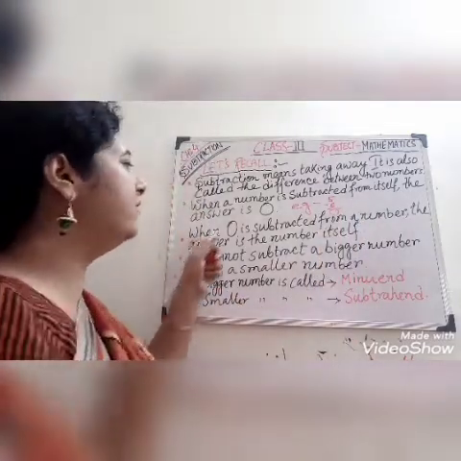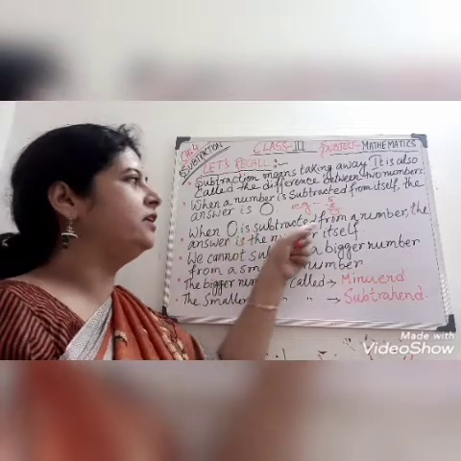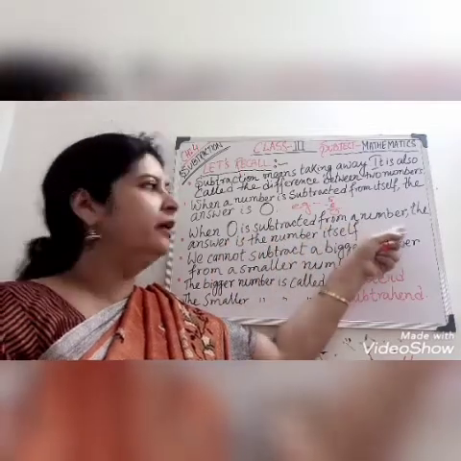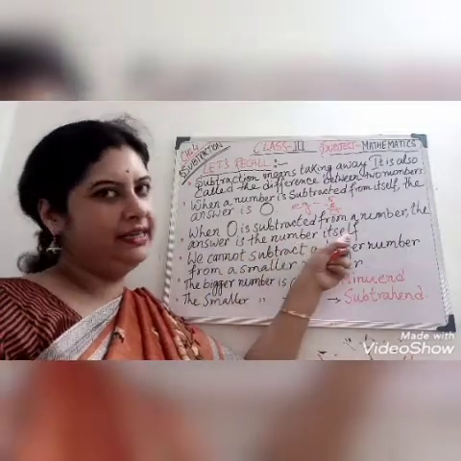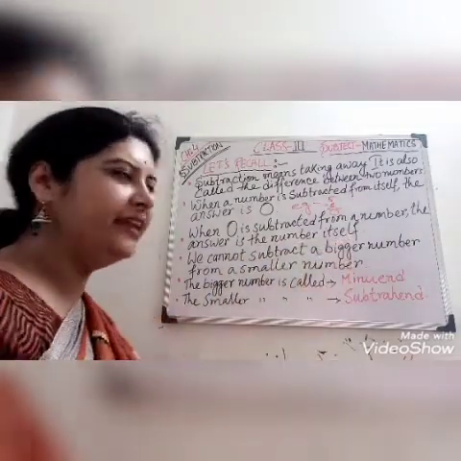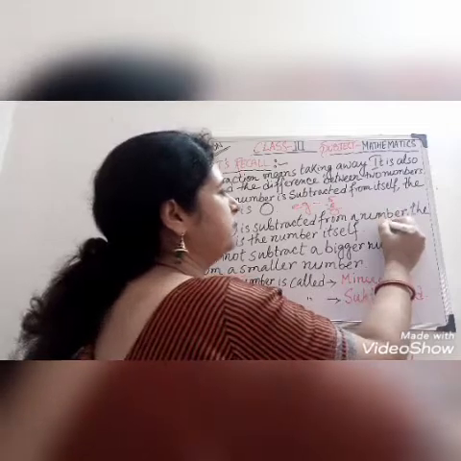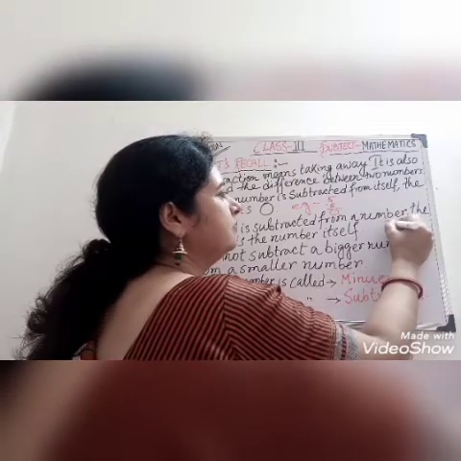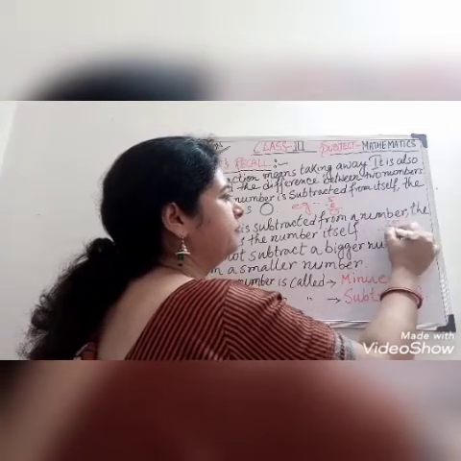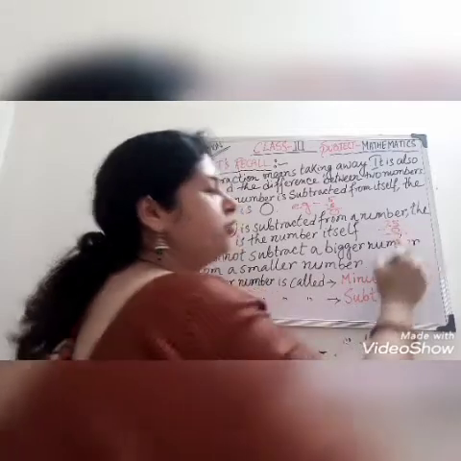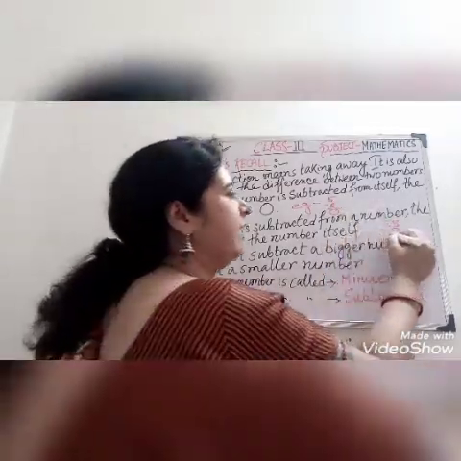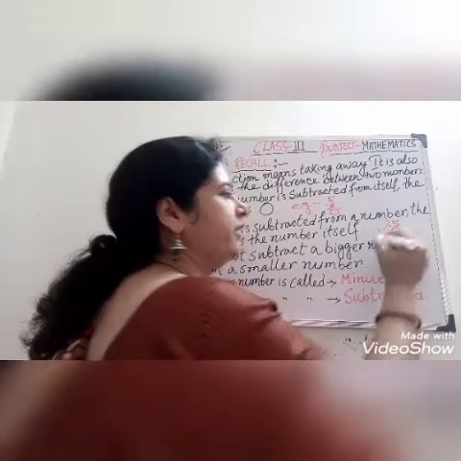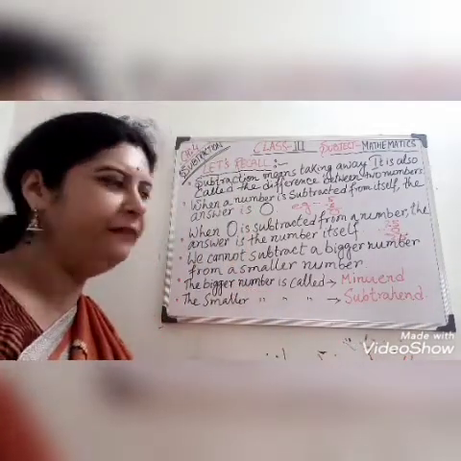Next, when 0 is subtracted from a number, the answer is the number itself. Then again take an example. If you subtract 0 from 25, you will get the number itself. It means 25 itself. Okay.